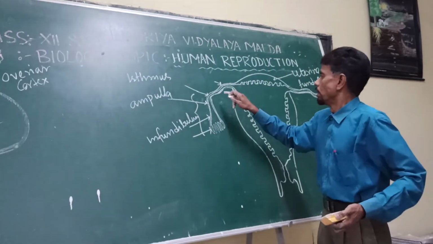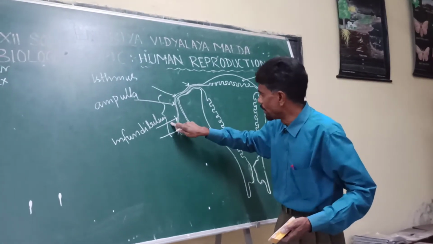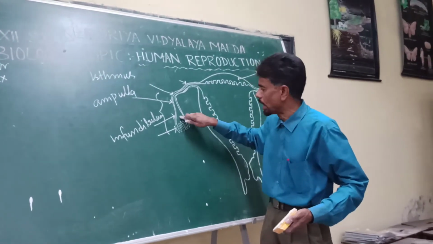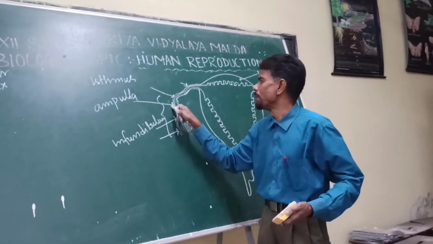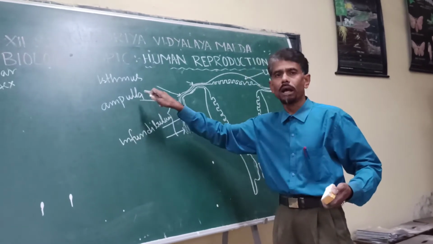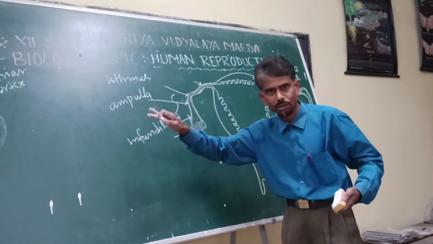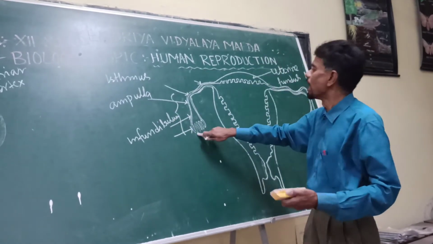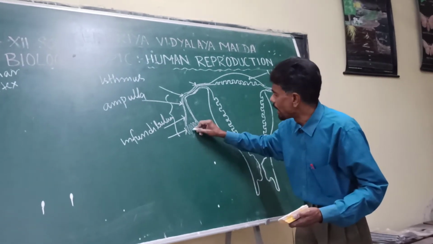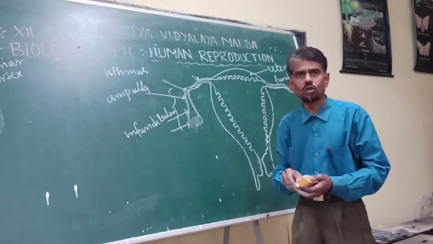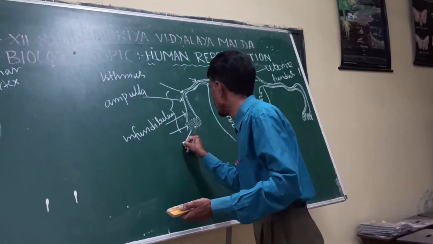So the fallopian tube having 3 parts: infundibulum, the funnel-like structure, then it ascends up, forming another part called ampulla, and this is the upper elevated part called isthmus. And the terminal end of the infundibulum, which have a finger-like projection forming a funnel-like structure called fimbriae.